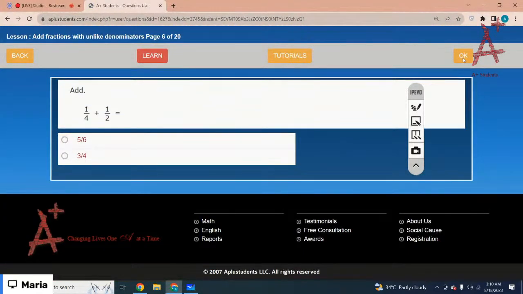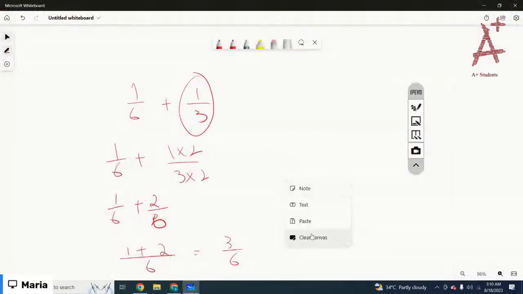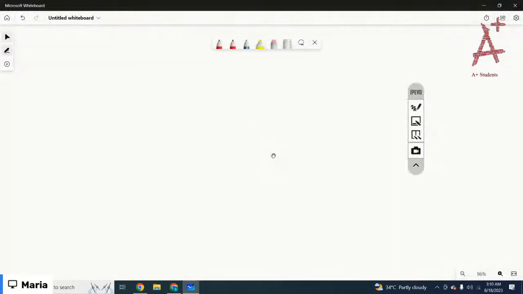The next one is 1 over 4 plus 1 over 2. Okay, so you have to make the denominator the same. 2 times 2 makes 4. So you have to multiply this fraction by 2. So it would be 1 times 2 over 2 times 2, right?